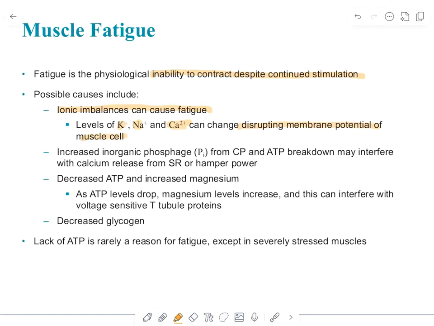There could be increased inorganic phosphate from creatine phosphate and ATP breakdown that may interfere with calcium release from the sarcoplasmic reticulum. There could be decreased ATP or increased magnesium, or decreased glycogen, which is the large polysaccharide that breaks down into glucose. The lack of ATP is rarely the reason for fatigue, except in severely stressed muscles.